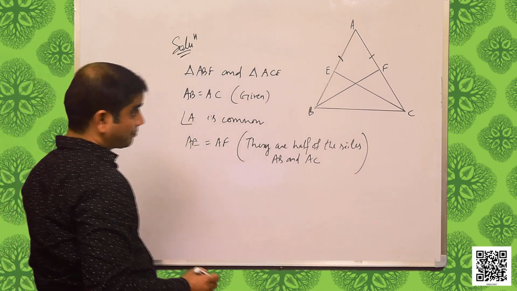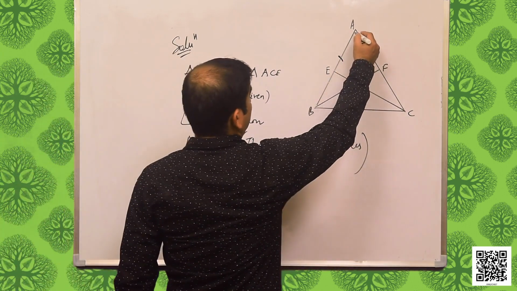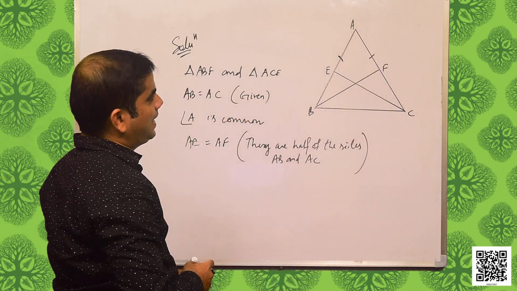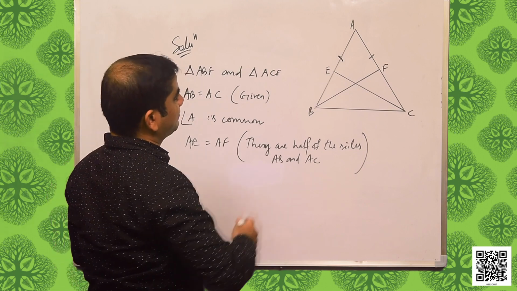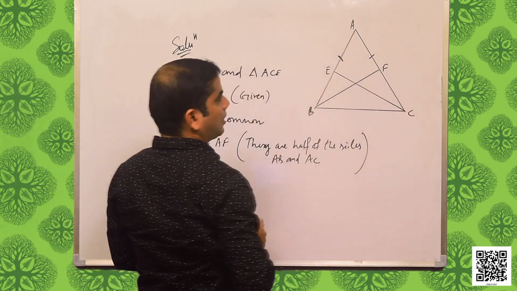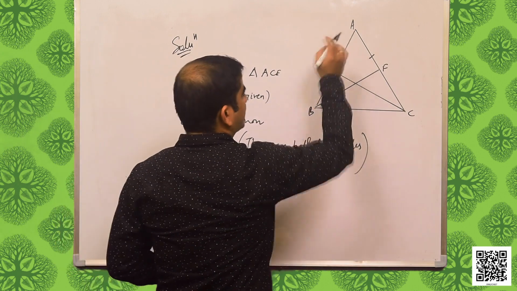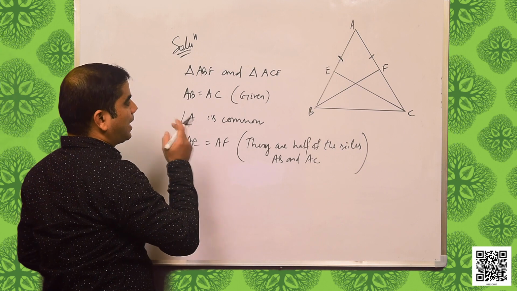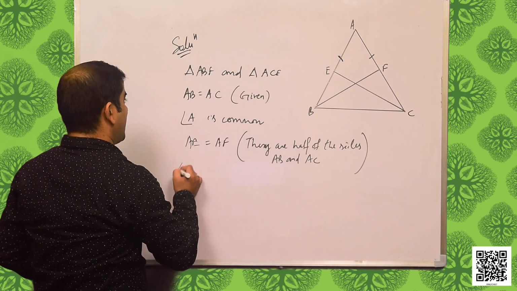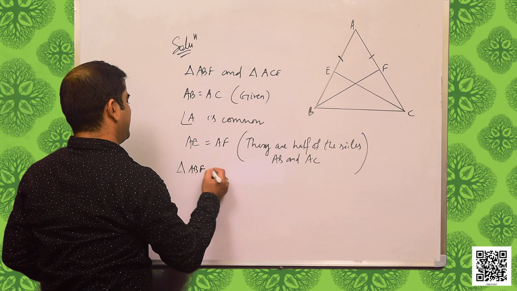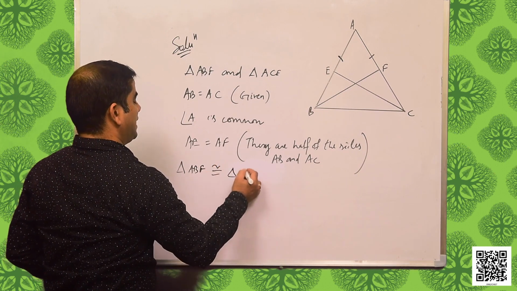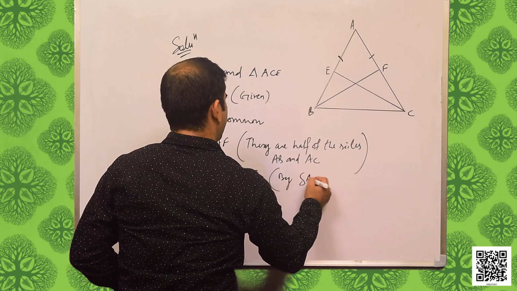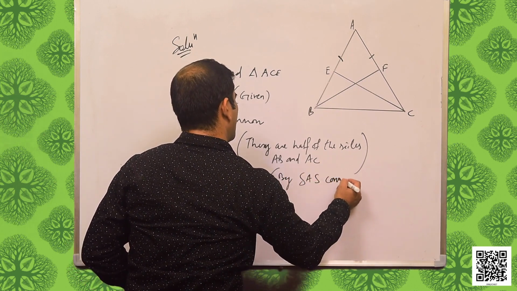So, now we have AE and AF equal to each other, AB and AC equal to each other, and A is a common angle. Now we have two sides and the included angle. So triangle ABF is congruent to triangle ACE by side angle side congruency.